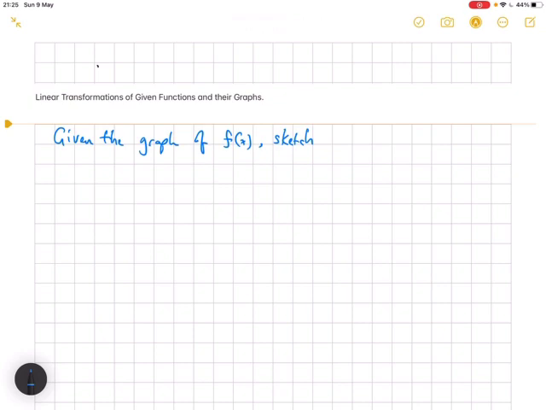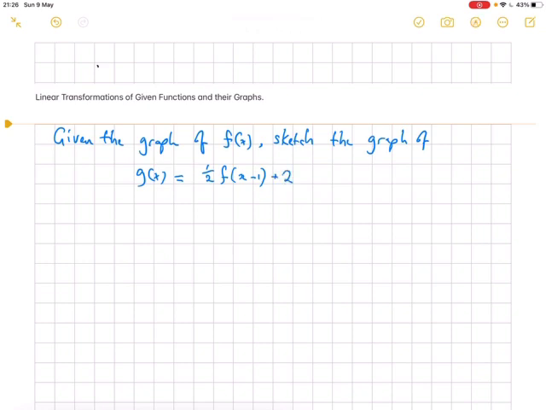It doesn't have to be a detailed drawing. Sketch the graph of g(x) is equal to, let's say, 1/2 f(x - 1) + 2.